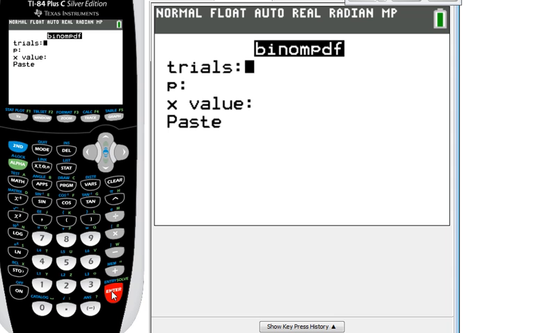We're going to do, I believe, again, it was 30 trials, 30 multiple choice questions. Our p-value was 0.25. Our x value is how many successes we were going to look for, which was 2. And paste. So go ahead and hit enter.